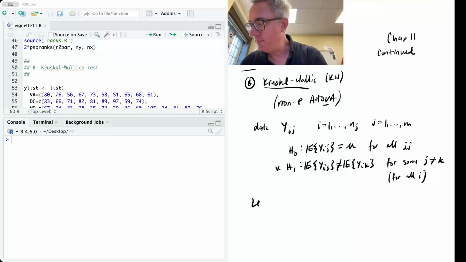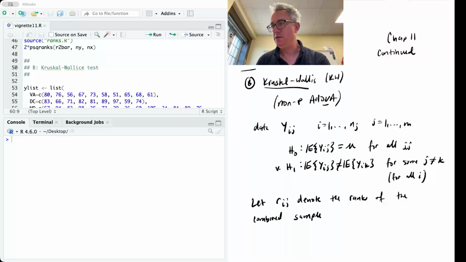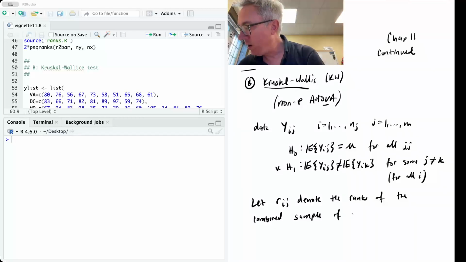Let's let Rij denote the ranks of the combined sample. So that is combining samples from all of the groups, so of all n equals the sum of nj observations.